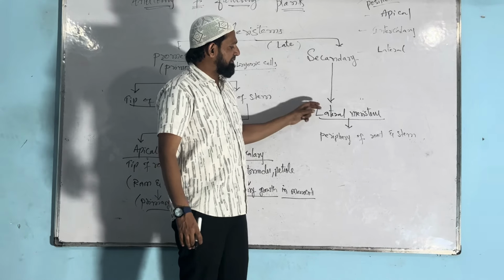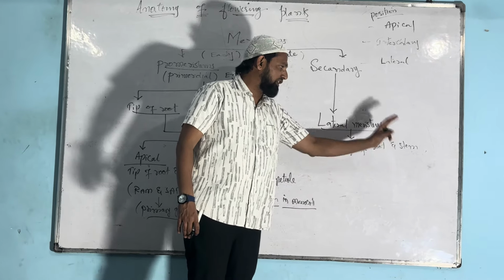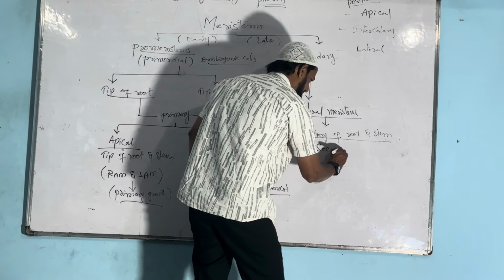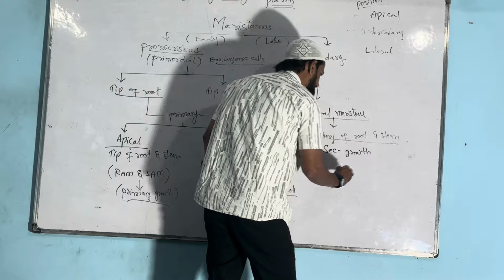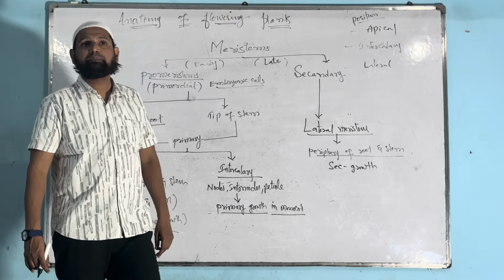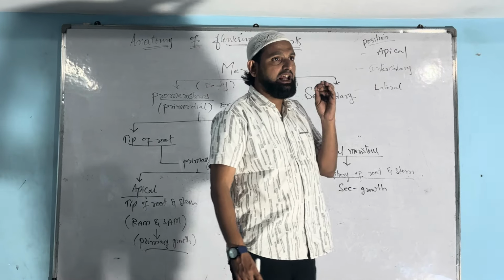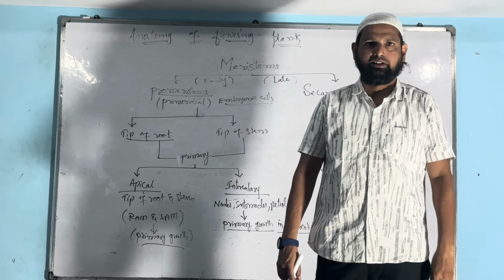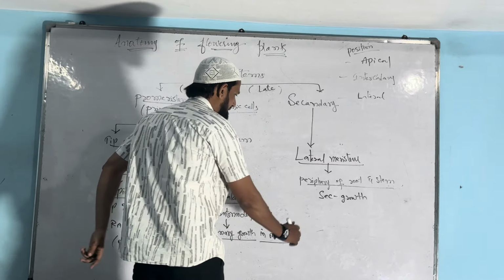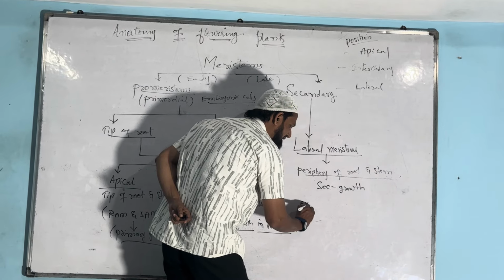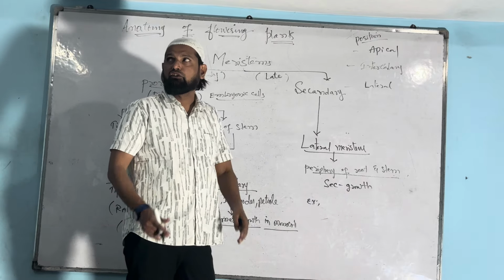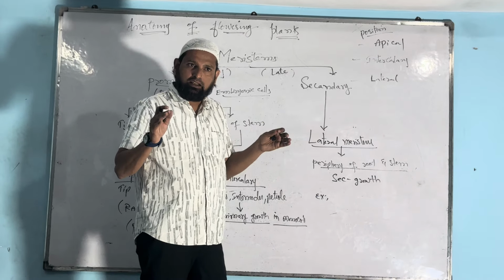Now see here. The secondary or lateral meristem is present at the periphery of root and stem, and it helps in what? Secondary growth. Now, what are the examples which help in secondary growth in dicot? Some specific secondary or lateral meristems are needed for secondary growth in dicot.